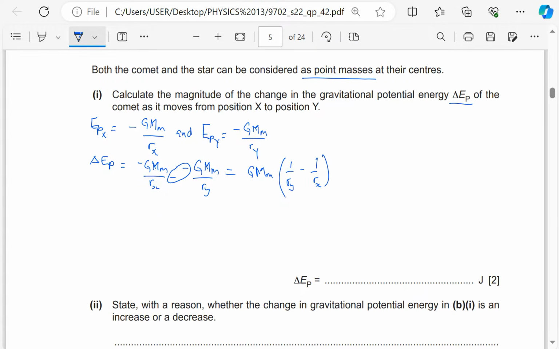So I'll just make a substitution. So this is going to be G, which is 6.67 times 10 to the power of minus 11 times small m.